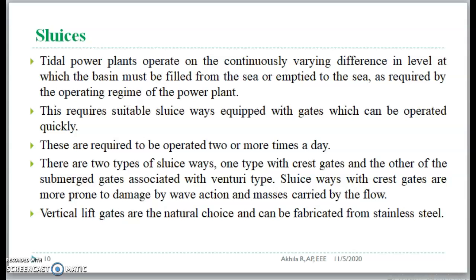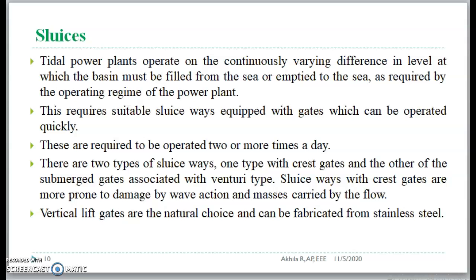Next are the sluice gates, basically vertical gates which are placed on the sides of the barrage. Tidal power plants operate on a continuously varying difference in level at which the basin must be filled from the sea or emptied to the sea as required by the operating regime of the power plant.